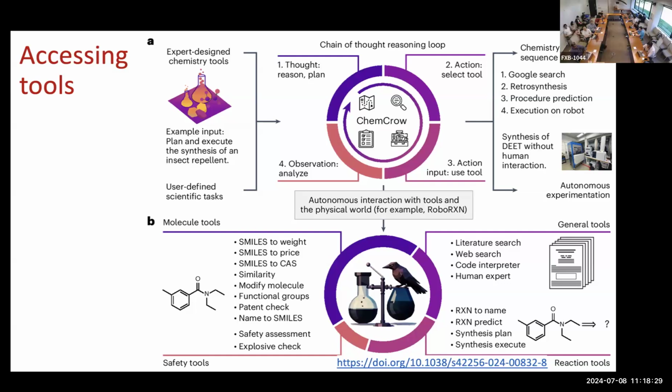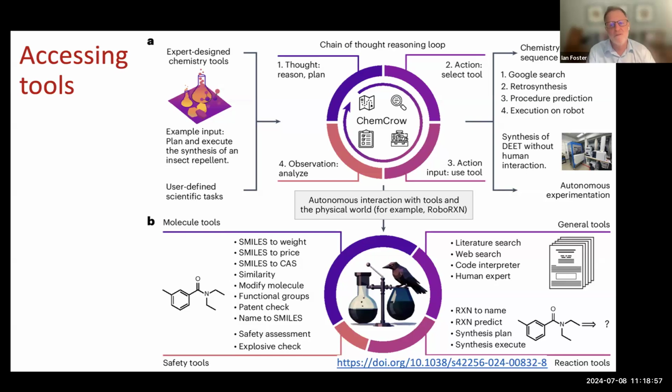Very nice work. Where they basically built a system in which a large language model is first of all extended with access to various often quite simple but useful tools, and then encouraged to engage in chain of thought reasoning loops in order to apply those tools one at a time.